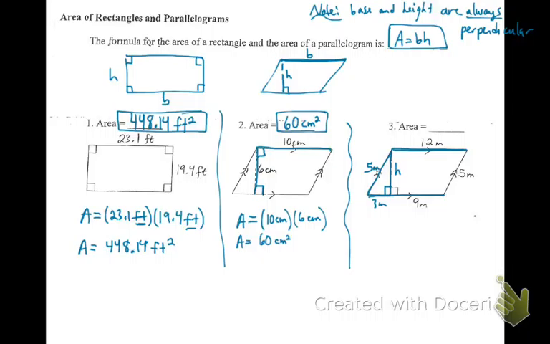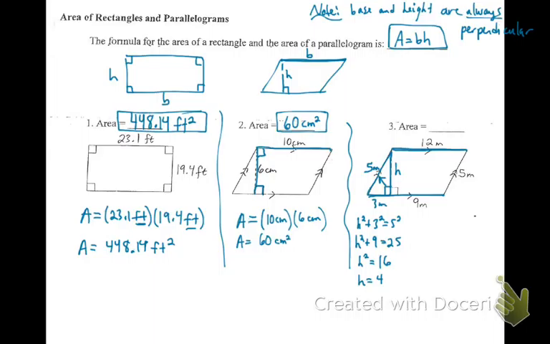Now I can use the Pythagorean theorem to solve for that height. The height squared plus 3 squared is equal to 5 squared. And the 5 is by itself because it's across from that right angle. Then you can go ahead and continue solving that. h squared plus 9 is equal to 25. h squared, subtract the 9, gives you 16. So h is equal to 4.